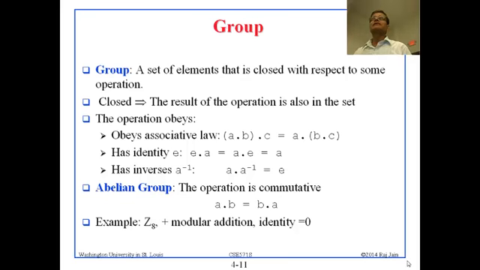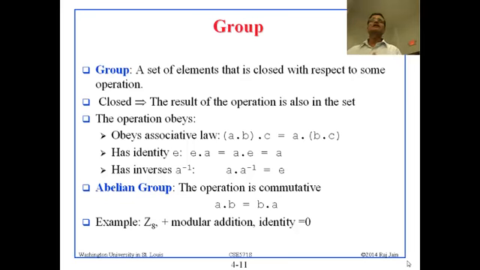We already saw 2 operations. Can you name one? What are the operations you can do on Z8? Addition and multiplication, those are 2 operations. Is Z8 a group with respect to addition? Yeah, because addition is associative, and addition has identity, and addition has an inverse in Z8, mod 8.